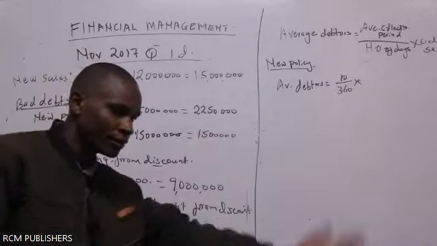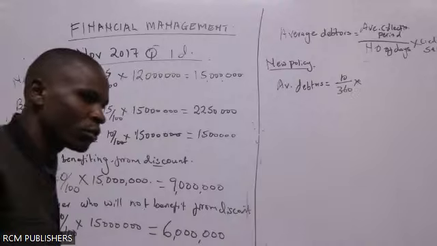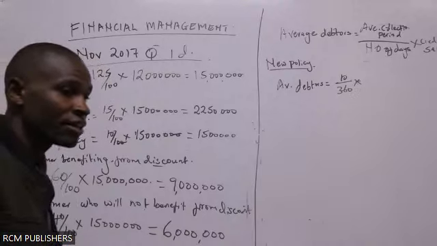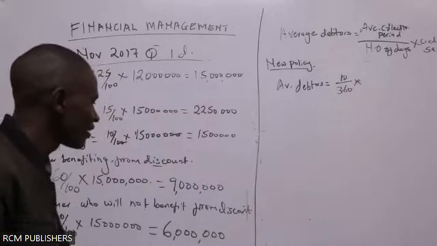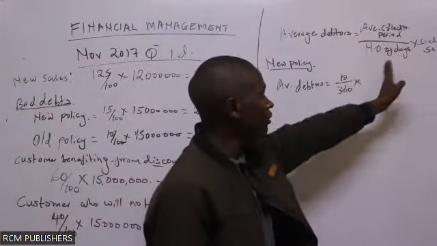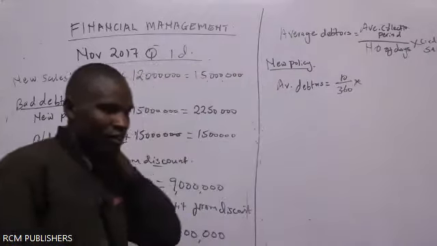Zenye unapeana sales zenye uliuza on credit na una expect zilipwe sasa, zilipwe mapema within the 10 days. Nataka tu unaona formula yetu times the credit sales. So I need just credit sale hapa. What is our credit sale?